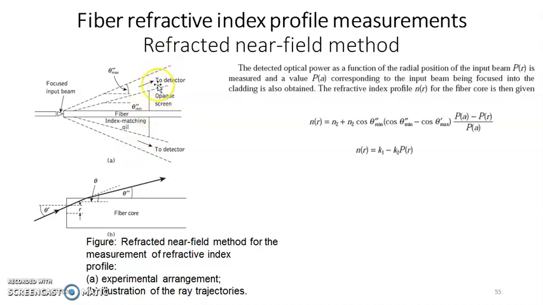The detected optical power as a function of the radial position of the input beam, P of r, is measured, along with the value of P of a corresponding to the input beam being focused into the cladding. So you can find out what light is propagating through the cladding and core, and that is how we obtain the refractive index profile of the given fiber. So n of r is equal to n2 into n2 of cos theta double dash. So we can find out the power that is obtained there.